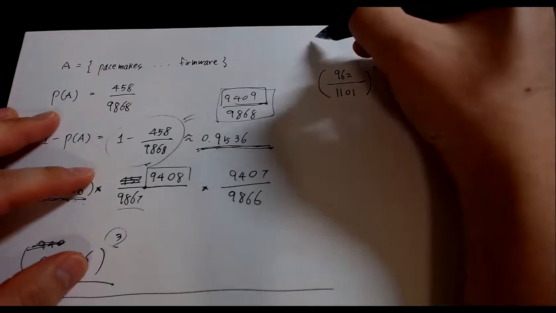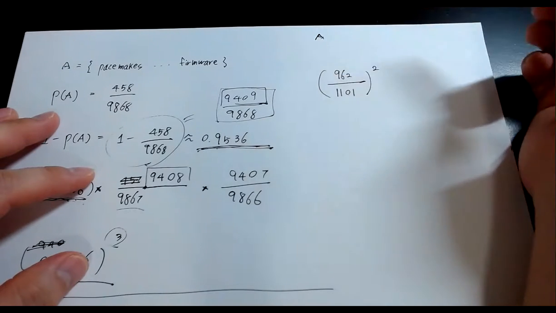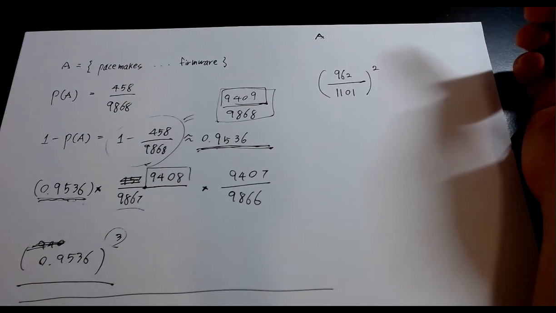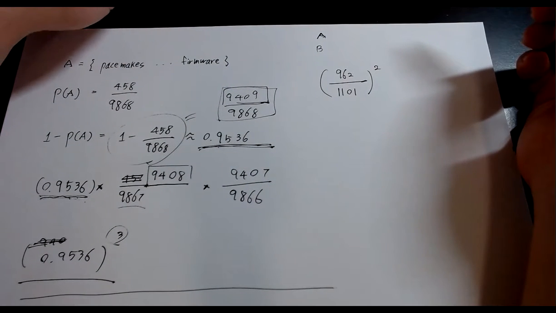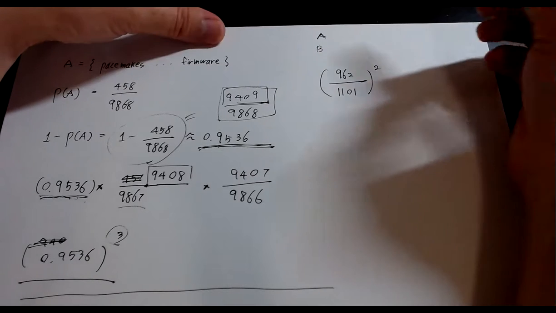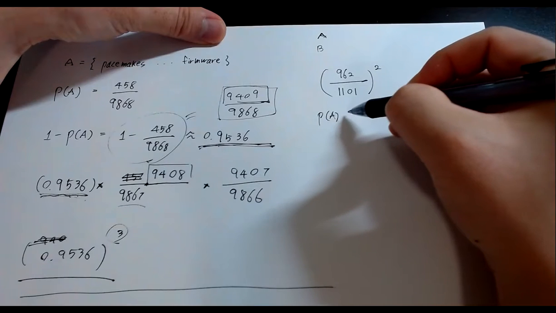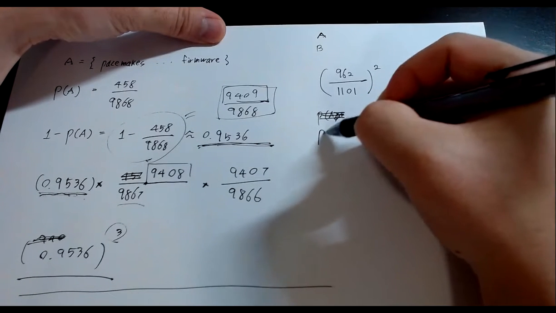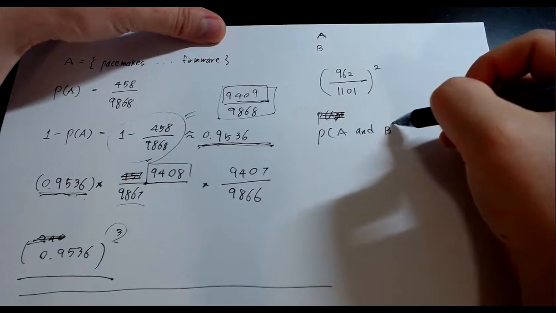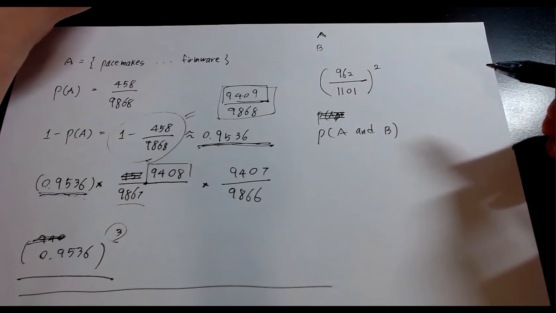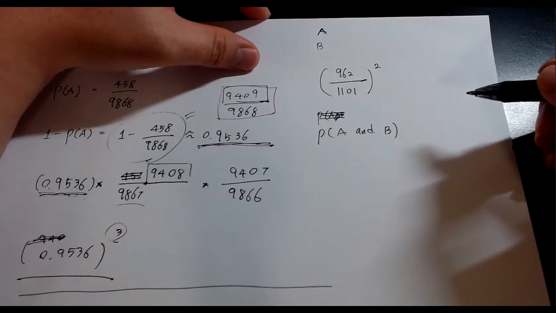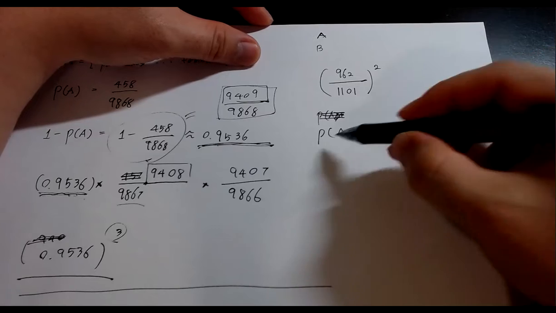If we say that A is the event that the first order is accurate, and event B is the second order selected, which is accurate, then we need to figure out P of A and B, because the question asks for the probability that both orders are accurate.